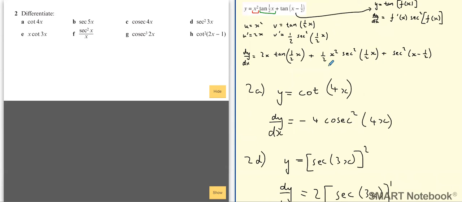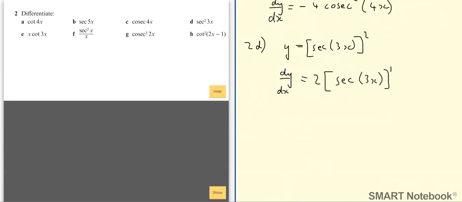So when I differentiate sec 3x, I'm going to differentiate the 3x and I get 3. Differentiate sec something, I'm going to get sec of the same thing, tan of that thing too.